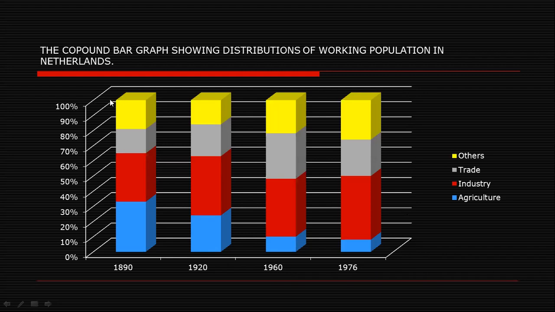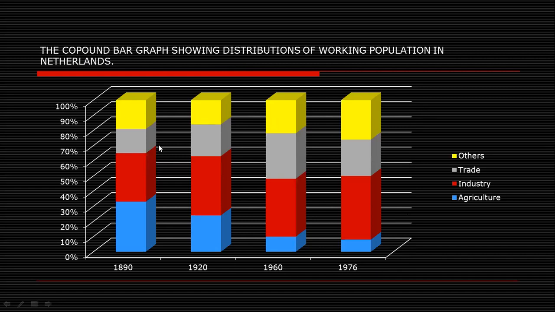At the top it is going to be 100%. And that is basically how it will look. Remember that a title is important: a compound bar graph showing the distribution of workers' population in percentage in Netherlands. That is what you are supposed to work out.